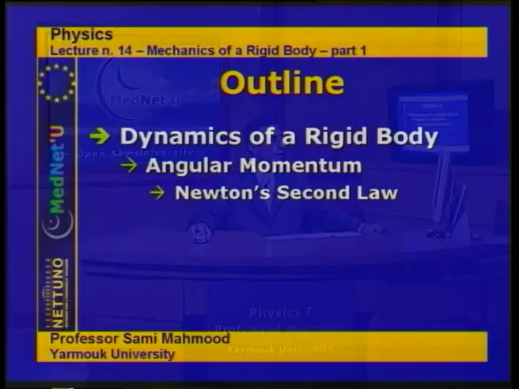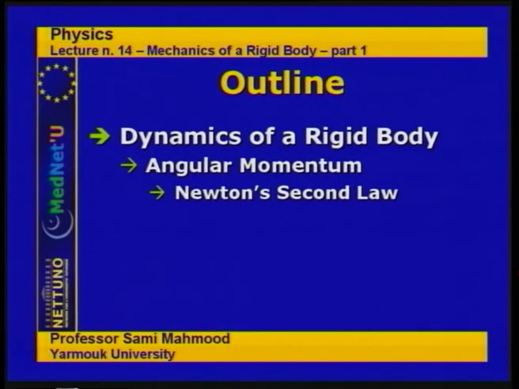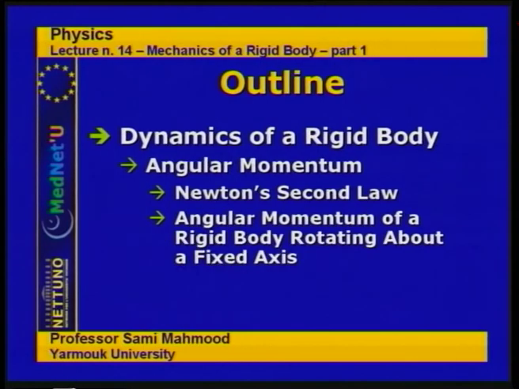We will then define a new quantity, which is the angular momentum. We will define Newton's second law in terms of this quantity, the general form of Newton's second law for rotation, and then we will deduce a formula for the angular momentum of a rigid body rotating about a fixed axis.